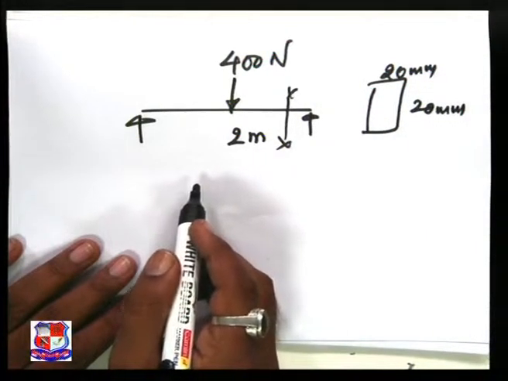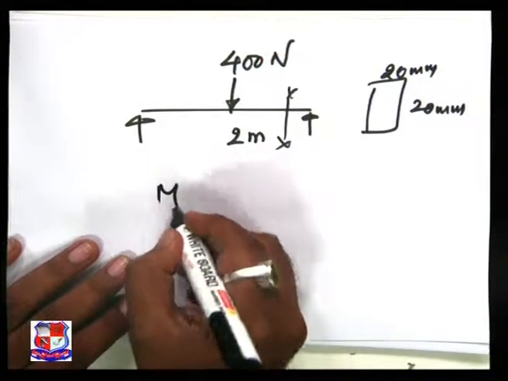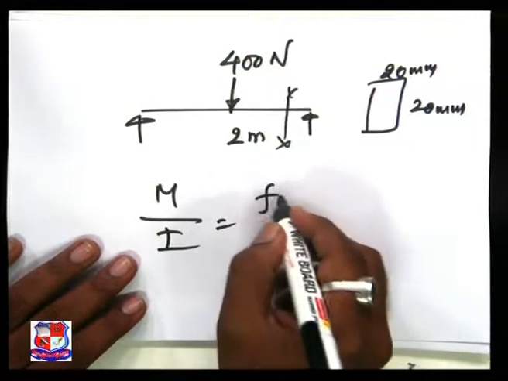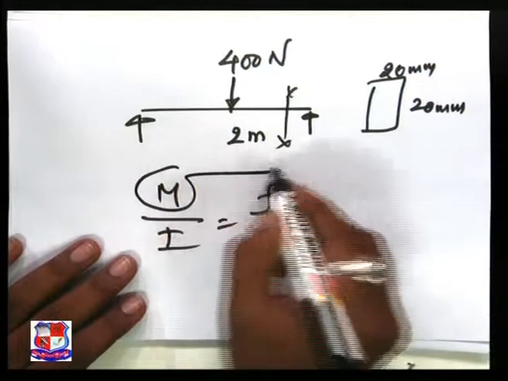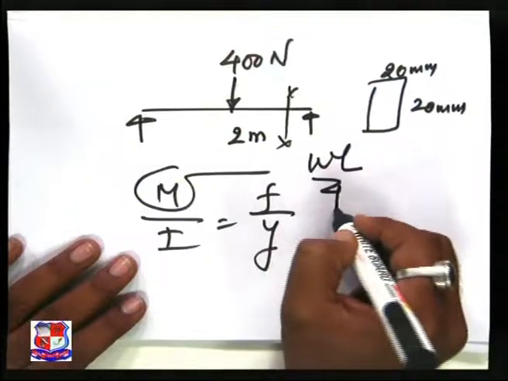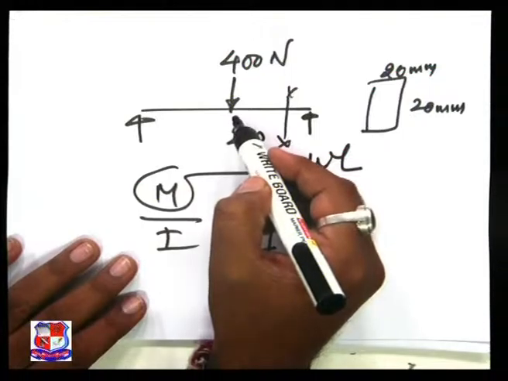So we can find out at what stress the beam will fail by using the equation M over I is equal to F over Y, where M can be found with the formula WL by 4, as it is a simply supported beam with center point load of 400 Newton.